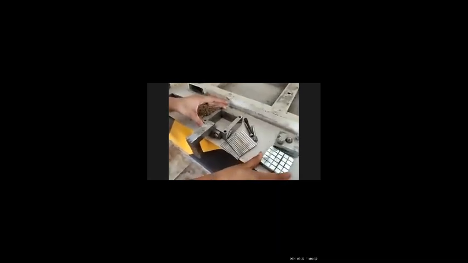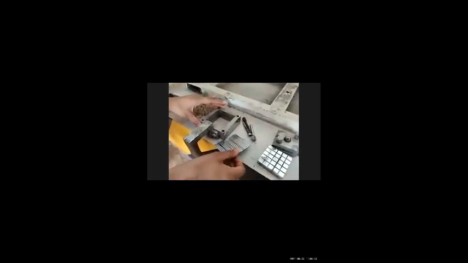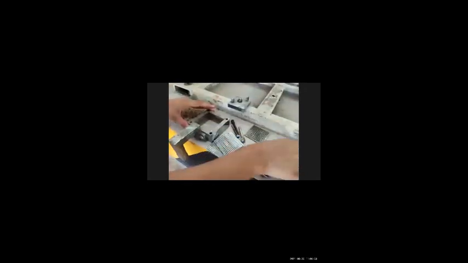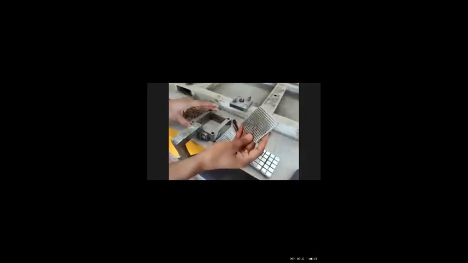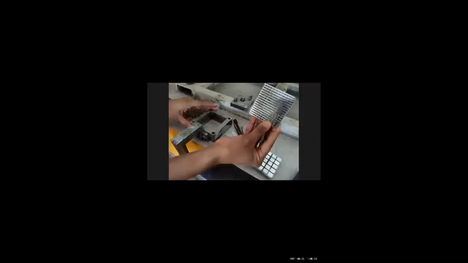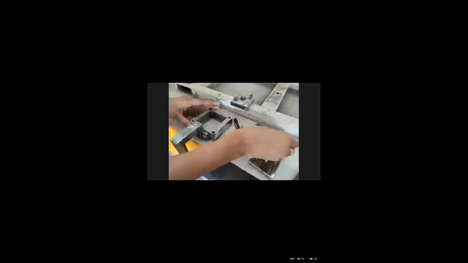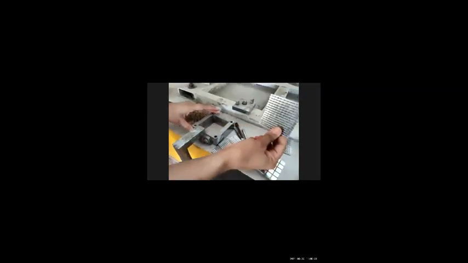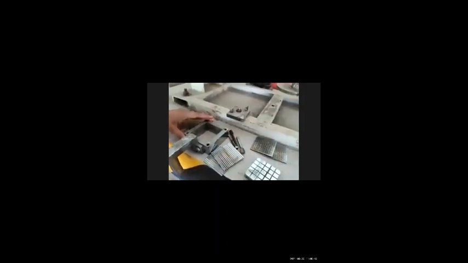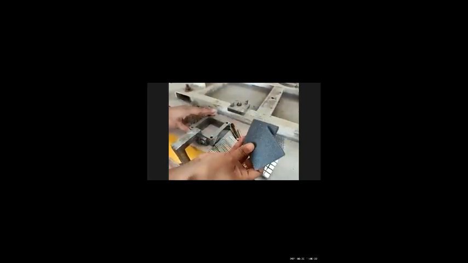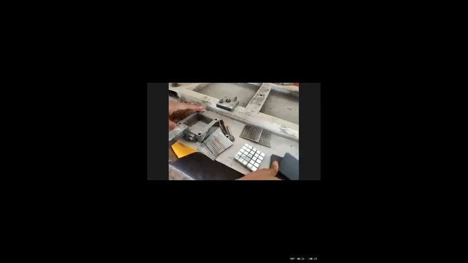These are the other perforated plates, another type of perforated plate, one pair of perforated plates, and this is one pair of porous stone plates.